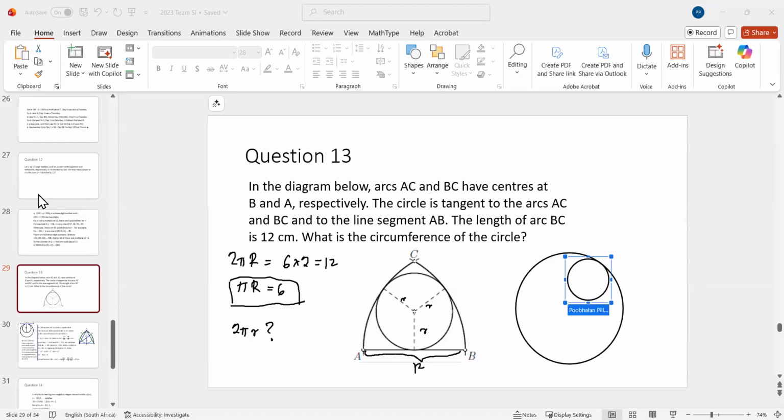Right, there we go. Now, the interesting thing about this is that there are 3 points in this figure, the 3 important points. The 3 points are the center of the large circle, the center of the small circle, and the point of contact.